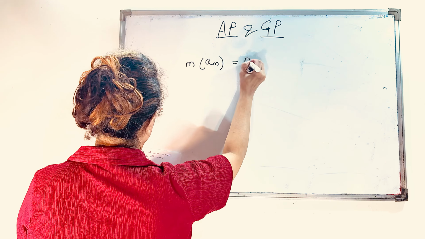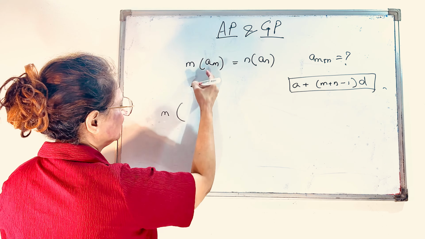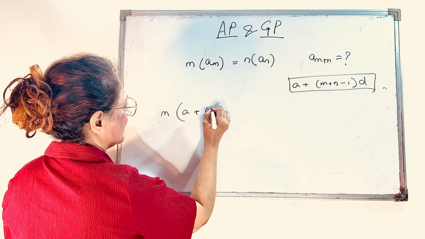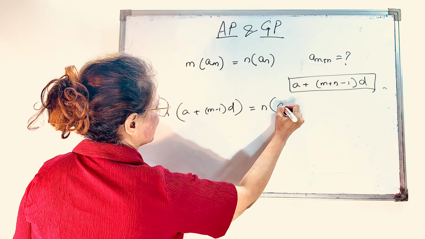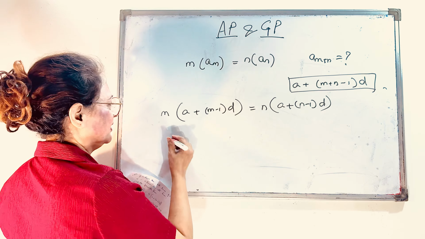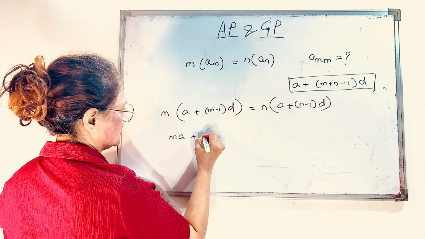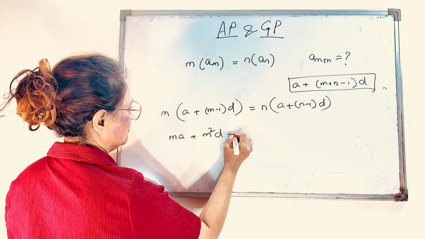This is asked. Okay. Now, let us take the conditions given. m times the mth term: m times (a plus (m minus 1) d) is n times (a plus (n minus 1) d). Open the bracket, simplify. ma plus m square d minus md.